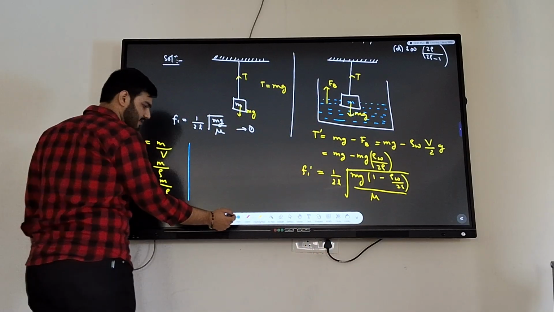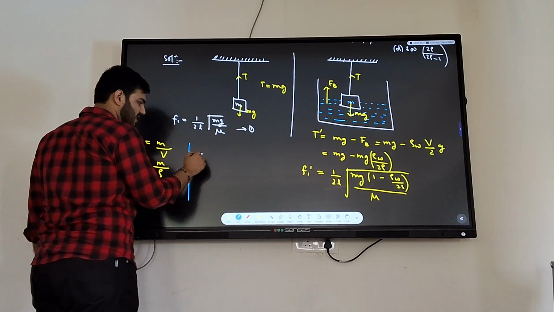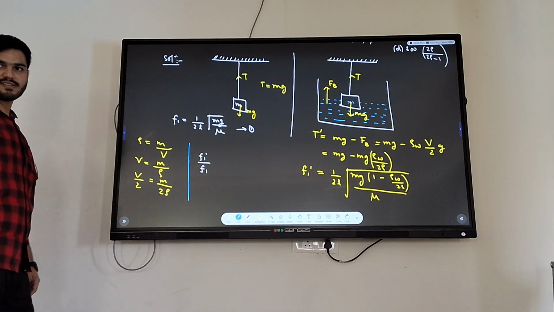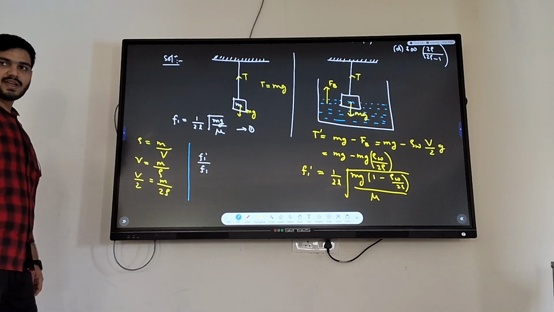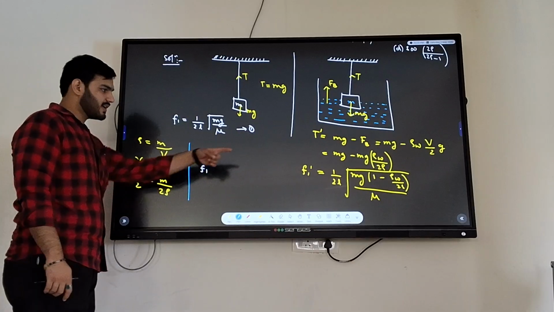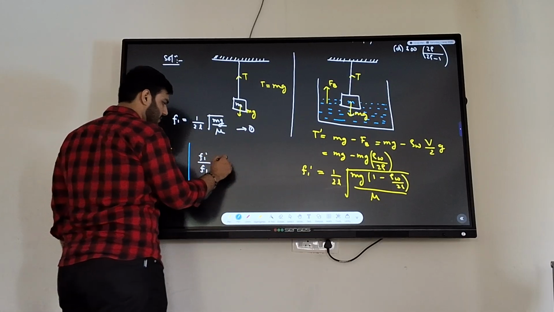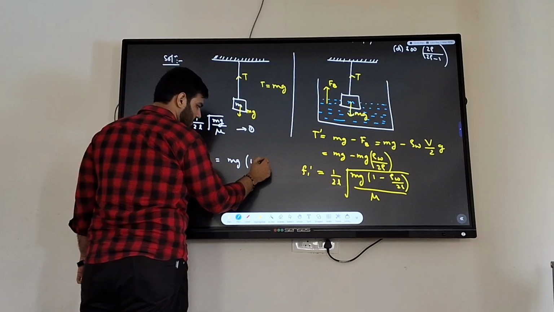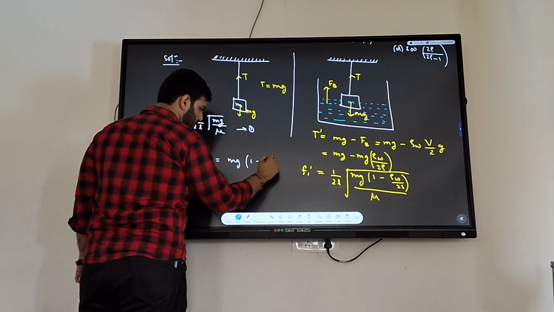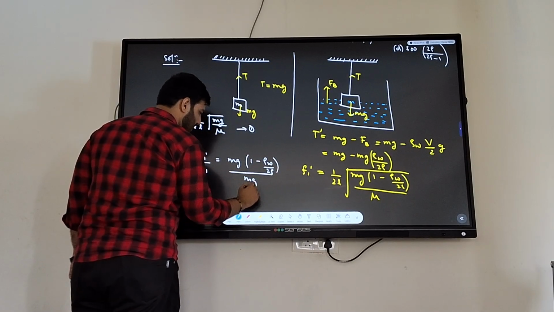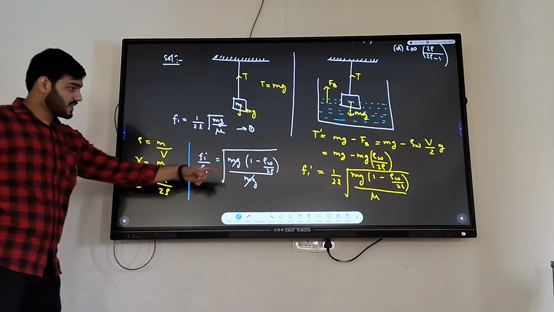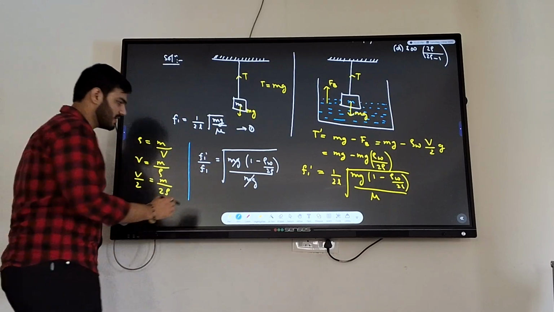F1 dash by F1: you can see that the 1 by 2L cancels, mu cancels, and you can take mg common. So you have root of 1 minus rho w divided by 2 rho. Take the LCM and then tell me what it is.